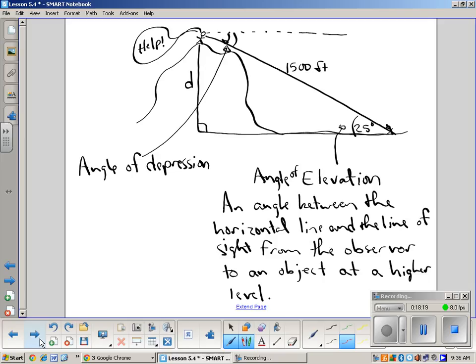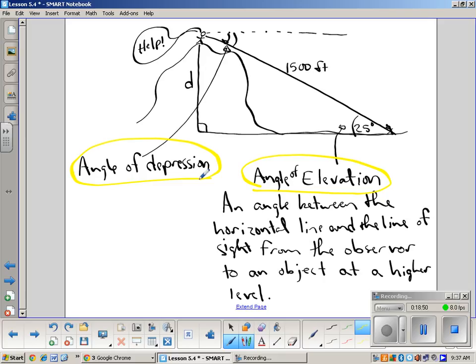A couple terms we have to understand: angle of elevation and angle of depression. Depression goes both ways here. She's fearful of falling off the cliff, so she's depressed. As you look down from the horizontal, which is straight out from your eyesight, that's angle of depression.